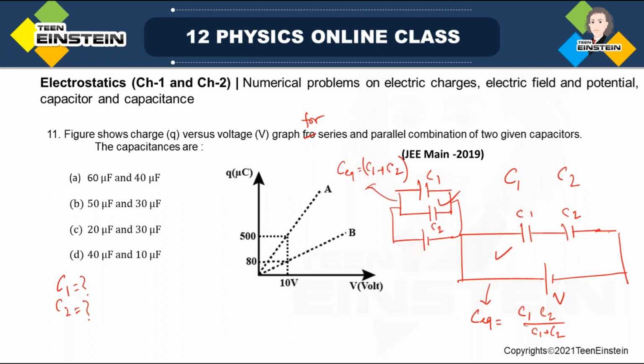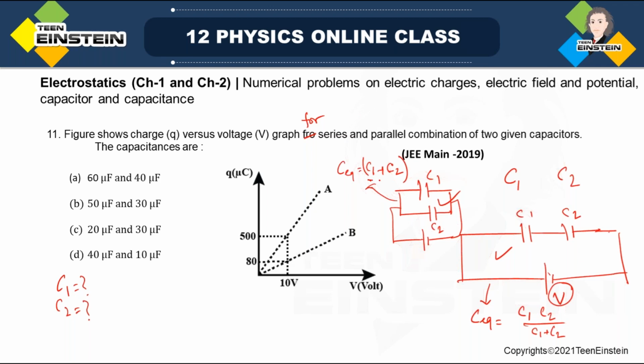So can you tell me for which the charge stored? See, they are actually connected both with the same voltage source, or with the same battery. Then which among these two combinations, one is parallel combination, another one is series combination, which among these combinations will store more charges?